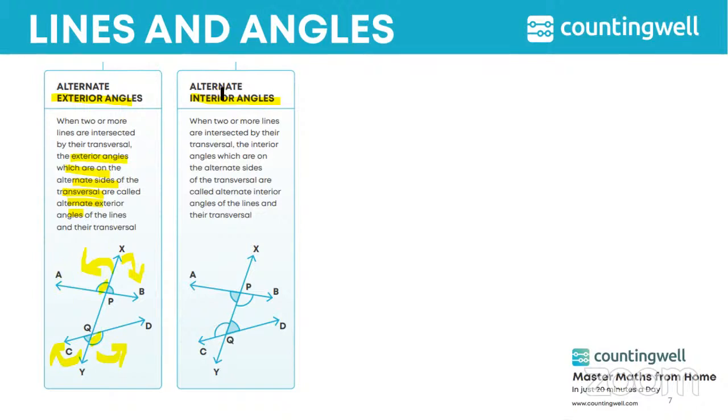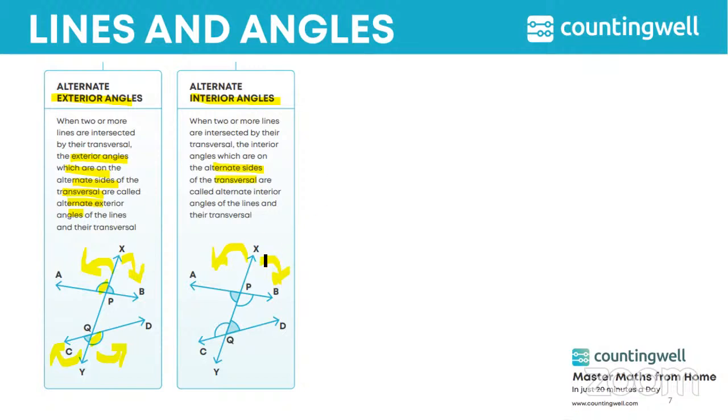Let us see what are alternate interior angles. When two or more lines are intersected by their transversal, the interior angles which are on the alternate sides of the transversal, means one should lie on the left side of the transversal and the other should lie on the right side for this example.